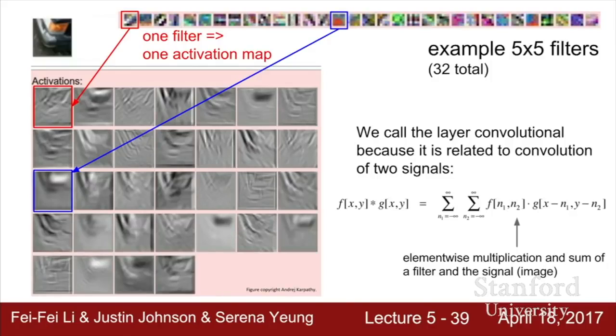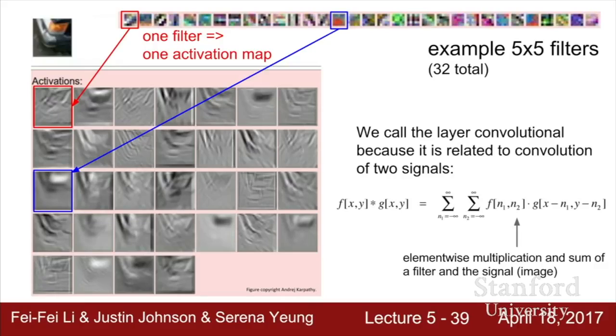Okay, so here is an example of some of the activation maps produced by each filter, right? Up here on the top, we have this whole row of example 5x5 filters. This is a real case from a trained ConvNet where each of these is what a 5x5 filter looks like. And then as we convolve this over an image, in this case I think it's the corner of a car, the car light, this is what the activation looks like.